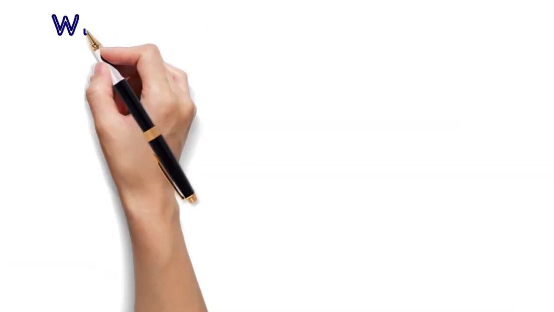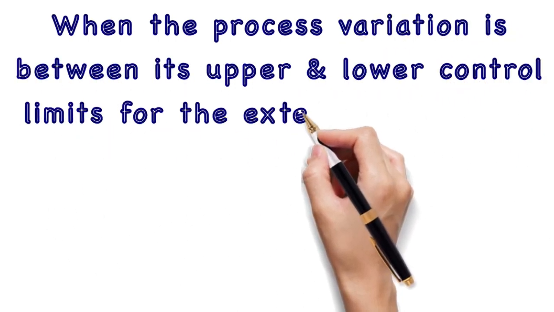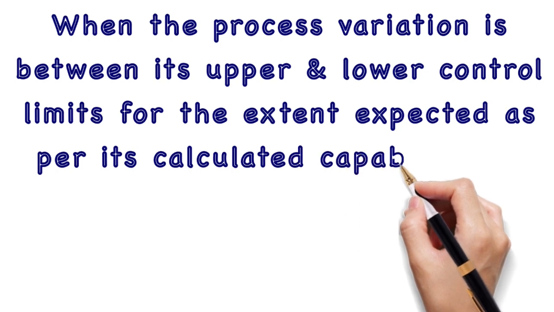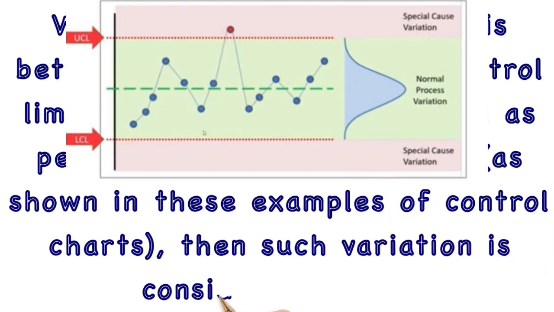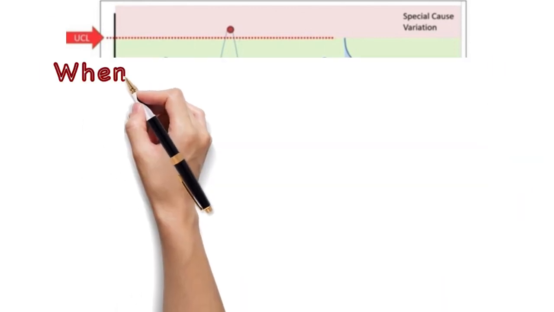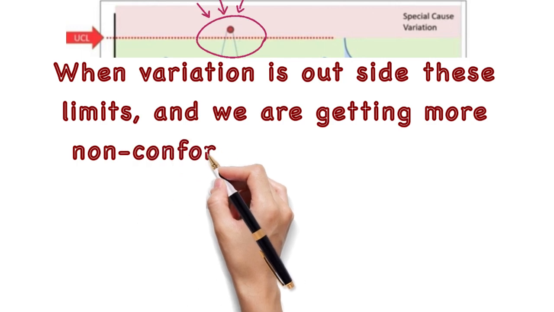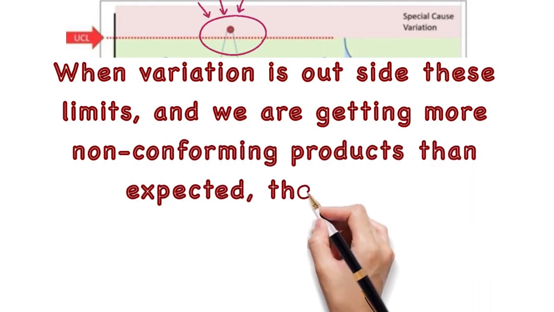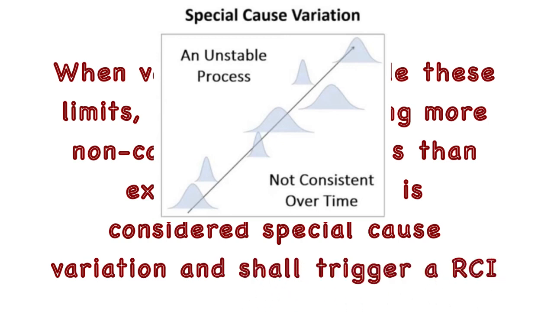And then when the process variation is between its upper and lower control limits for the extent expected as per its calculated capability, as shown in these examples of control charts, then such variation is considered normal. While when variation is outside these limits and we are getting more non-conforming product than expected, then this is considered a special cause variation and shall trigger the RCI process.